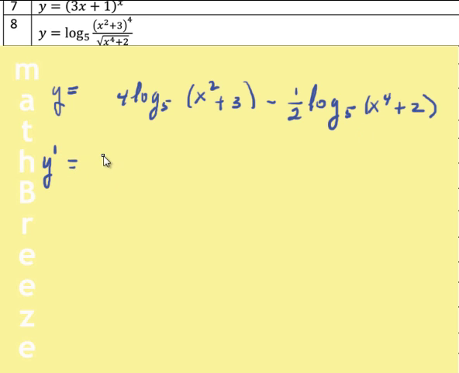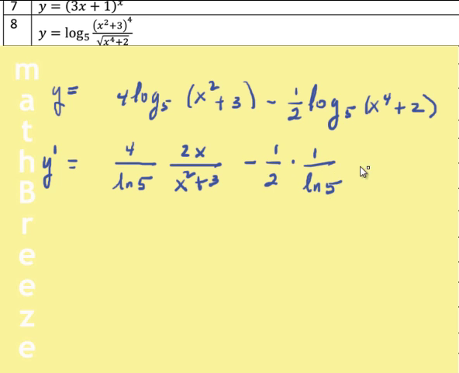So here we have 4, and a 1 over ln 5 pops out. Okay, and then here again 1 over ln 5 pops out. And x to the 4th plus 2 in the denominator, and then its derivative in the numerator.